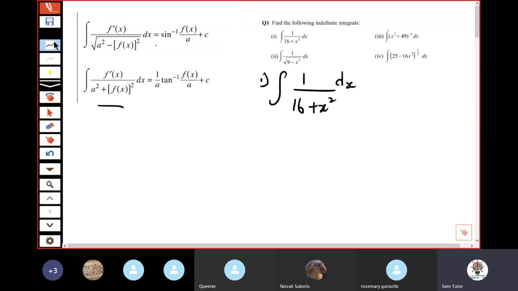That becomes negative 1 on 8, integral, x dx becomes du on square root of u, and then negative 1 on 8, u to the power of negative half. I like to just do it in one line.